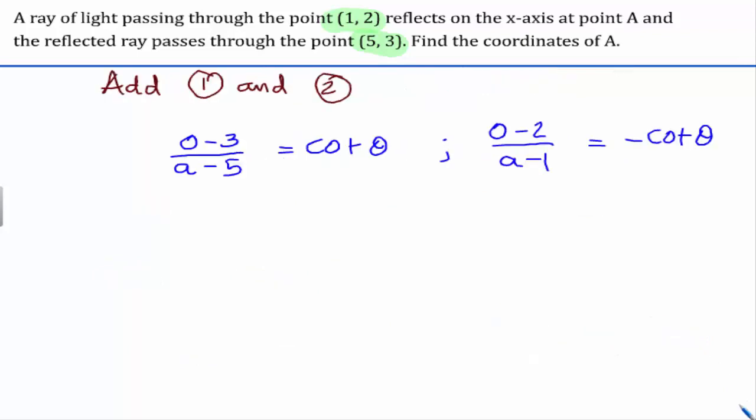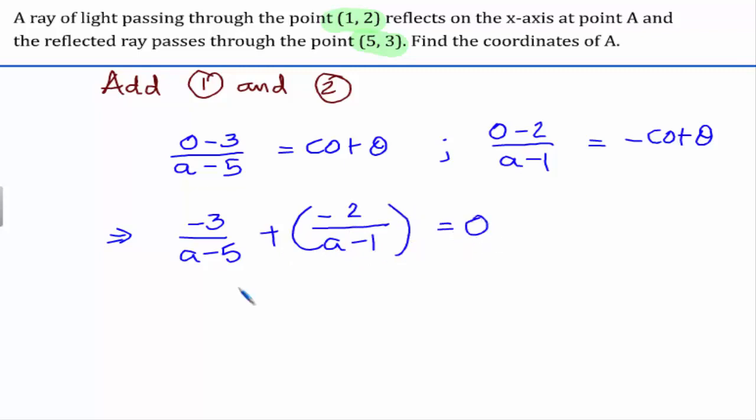So if we add both equations, we get minus 3 by (a minus 5) plus minus 2 by (a minus 1), which will be 0. So we get minus 3 by (a minus 5), which is equal to 2 by (a minus 1). If this minus 2 by (a minus 1) goes to other side, it becomes plus.